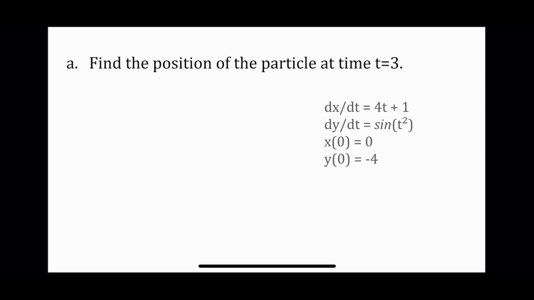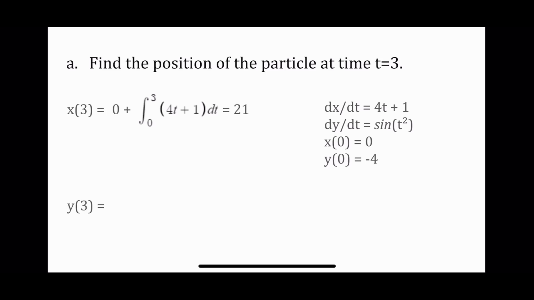So A, to find the position of the particle at time t equals 3, I've put our givens on the side here. You're going to start by having x of 3, which is going to be equal to 0, the initial position, plus integral from 0 to 3, 4t plus 1, which is dx dt. And that's going to give you 21.